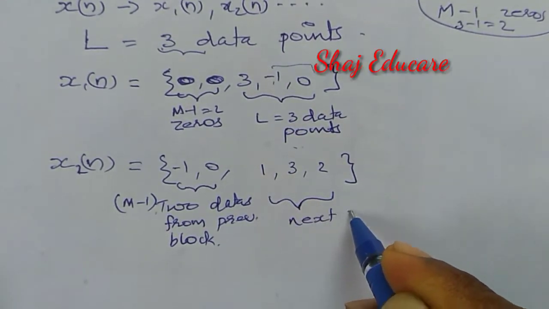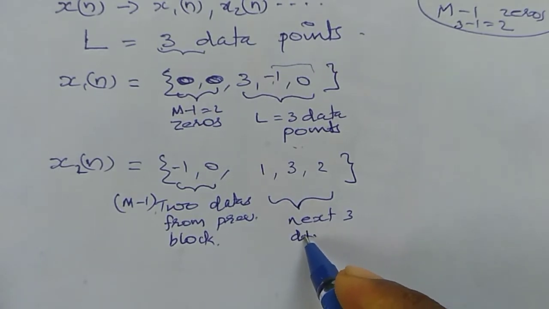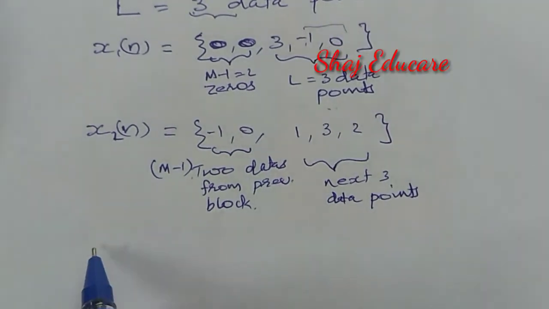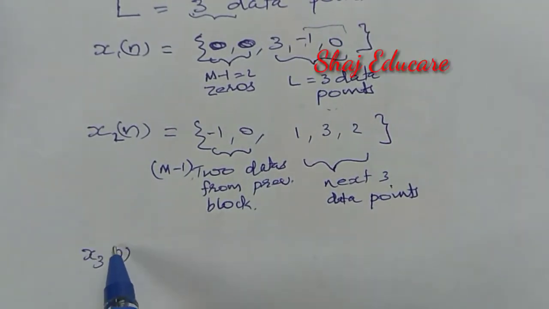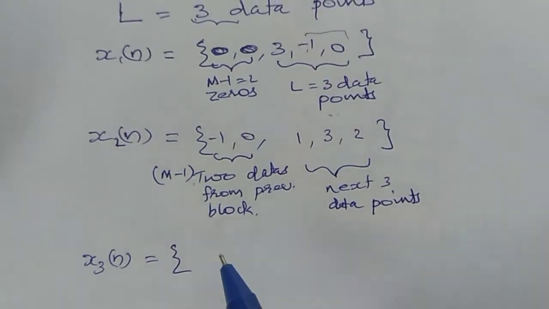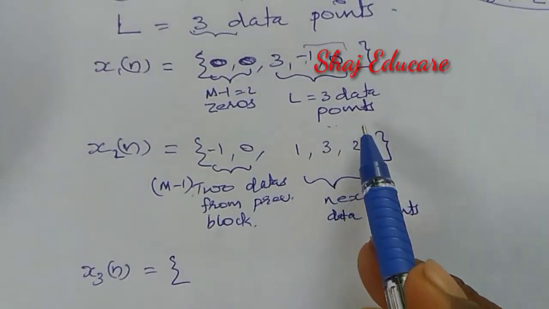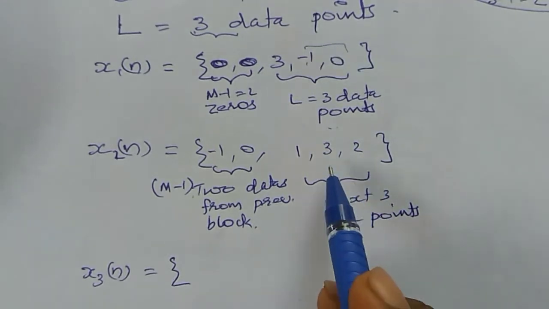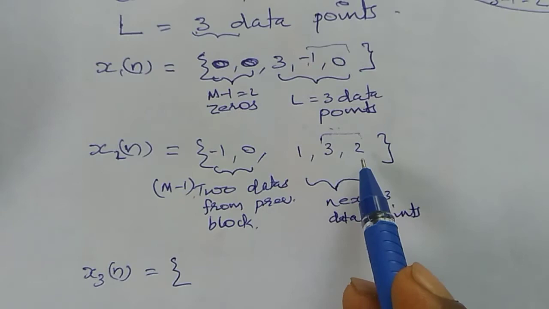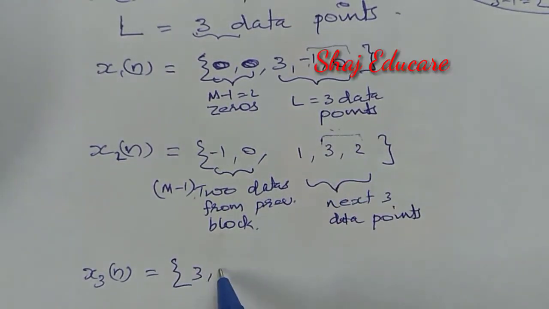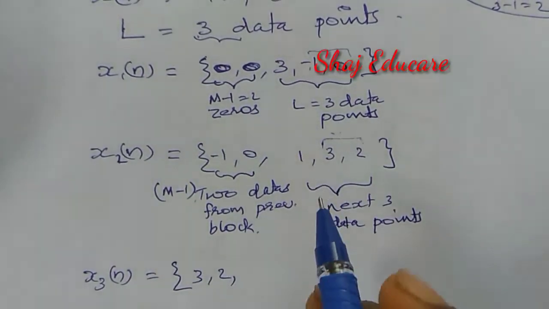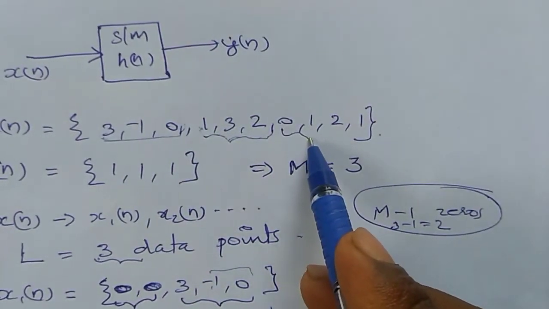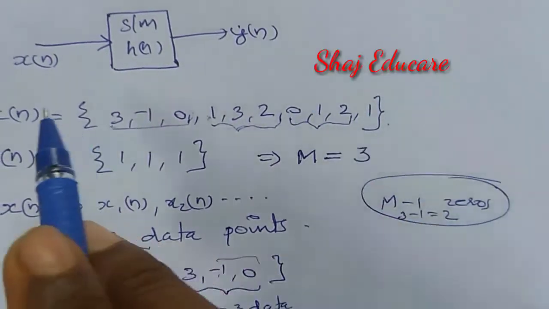Then construct x3 of n such that you again reuse the last m minus 1, that means the last 2 data from the previous block. These are the last 2 data, 3 and 2. Then we have to take another 3 new data points from the given x of n.